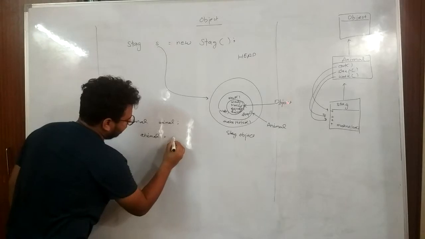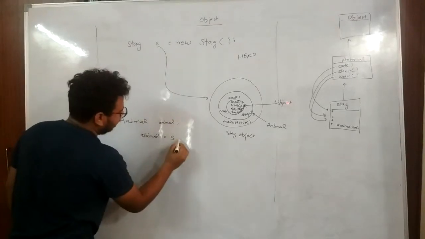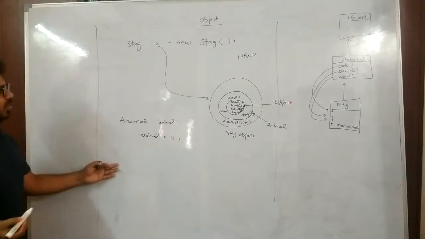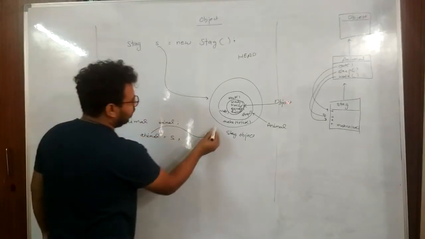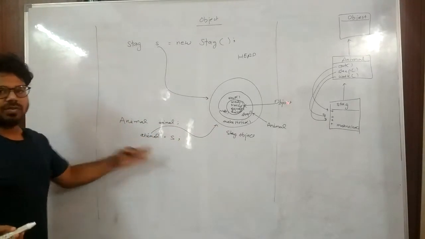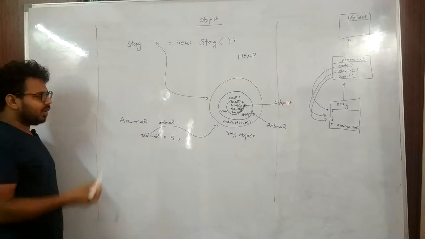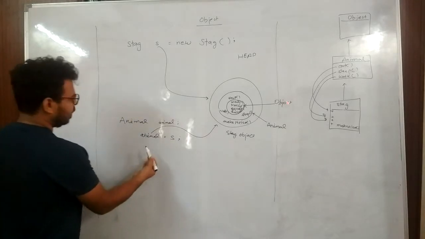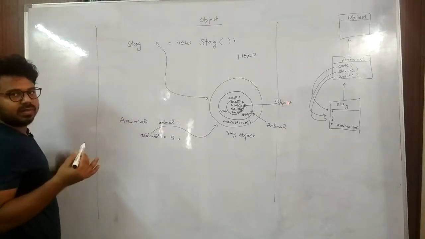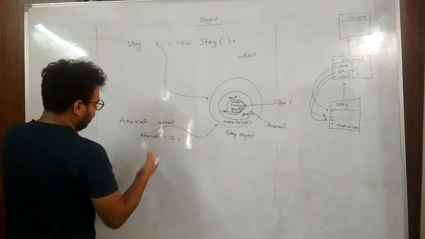I assign this reference s to animal. Now what will happen? This animal is going to point to the stack object. Is it clear? Okay.